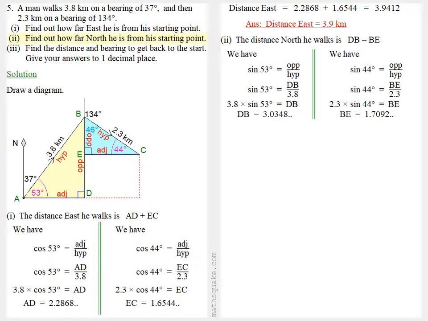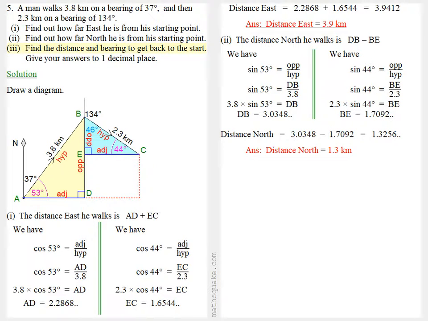So BE is 1.7092. The distance north is BD minus BE, which is 3.0348 minus 1.7092, which is equal to 1.3256. And if we want that to one decimal place, the distance north is equal to 1.3 kilometres.